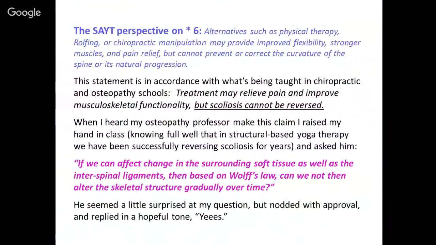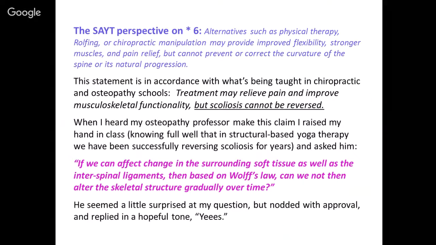And then point number 6, alternatives such as physical therapy, rolfing, or chiropractic manipulation may provide improved flexibility, stronger muscles, pain relief, but cannot prevent or correct the curvature of the spine or its natural progression. So this statement is in accordance with what's being taught in chiropractic and, from what I've experienced, in osteopathic schools.